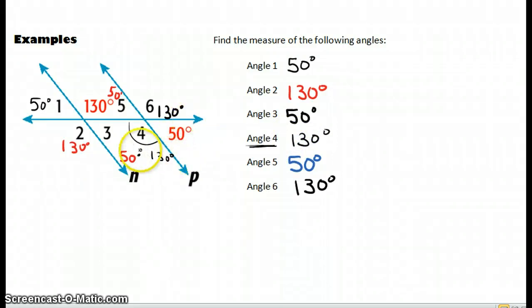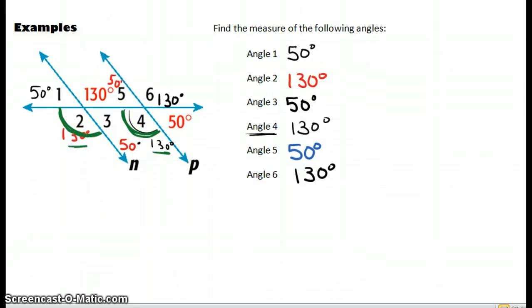I can look and see what makes 180, and I know that 50 plus 130 equals 180. I could also look at those angles that are across the transversal, to the left and below, to the left and below. That also makes me know that that is 130 degrees.